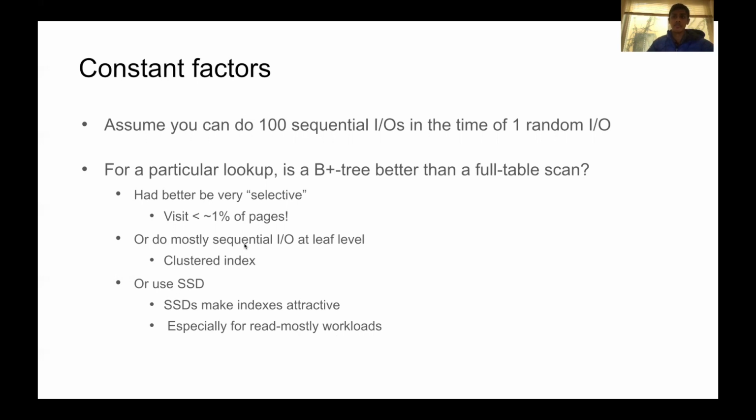For example, 5, 7, and 8, the pages for the records that match with those keys are probably going to be very, very close together on disk. So your IOs will be sequential to pull those in. You could also use SSDs. They make those indexes nice, especially for read-only workloads, but not really going to go into that.